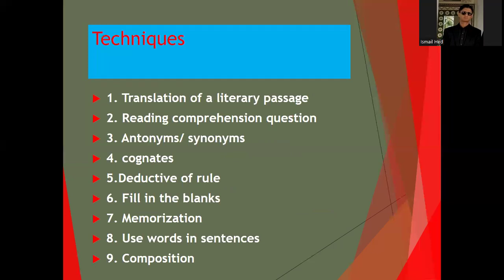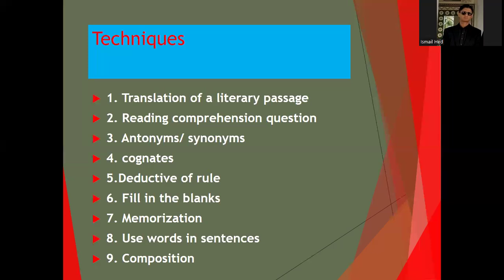So there are various techniques, that is translation of a literary passage, reading comprehension questions. Antonyms and synonyms are utilized for learning more vocabulary items. Cognates have been in practice where you could correlate a vocabulary item with the other vocabulary item.